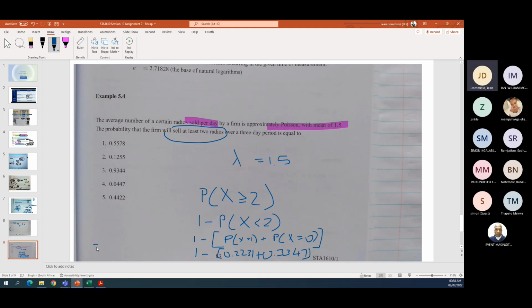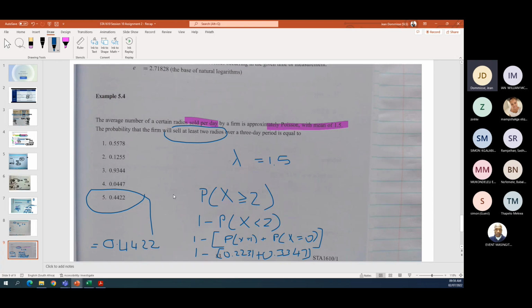Let's race against time: 1 minus 0.2231 minus 0.3347, and I get 0.4422. And there it is.